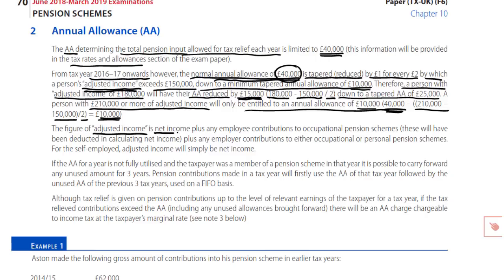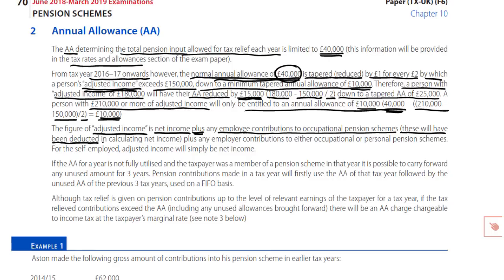It's net income. Now we know what net income is, I hope, off your income tax computation, the figure before the deduction of the personal allowance. So you start with that. And we add to that any employee contributions to an occupational pension scheme. Think, if there had been employee contributions into an occupational pension scheme, what would we have done with those?